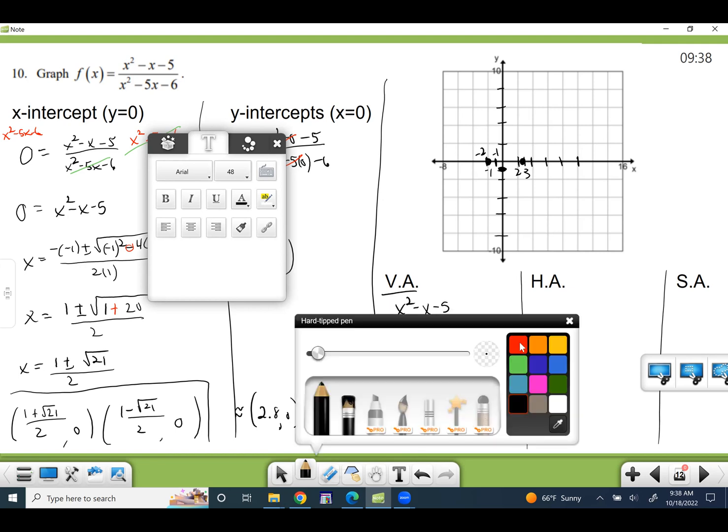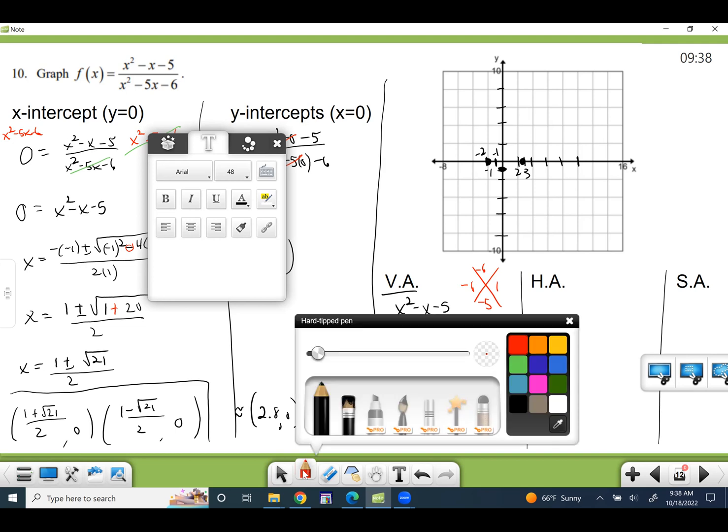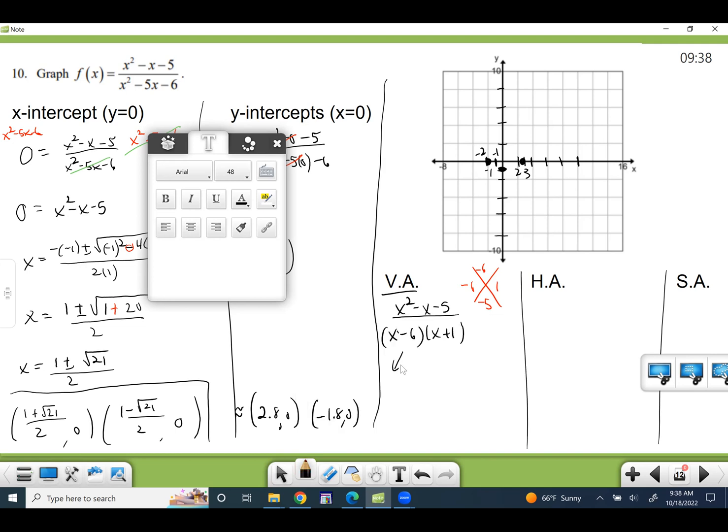Let me put this here to make sure everybody knows what happened. There are factors of negative 6 that add up to negative 5. It's going to be negative 6 and positive 1. So there's nothing to cancel. Factor, cancel, set bottom equal to 0. So when we set the bottom equal to 0, we'll get positive 6 and we'll get negative 1.